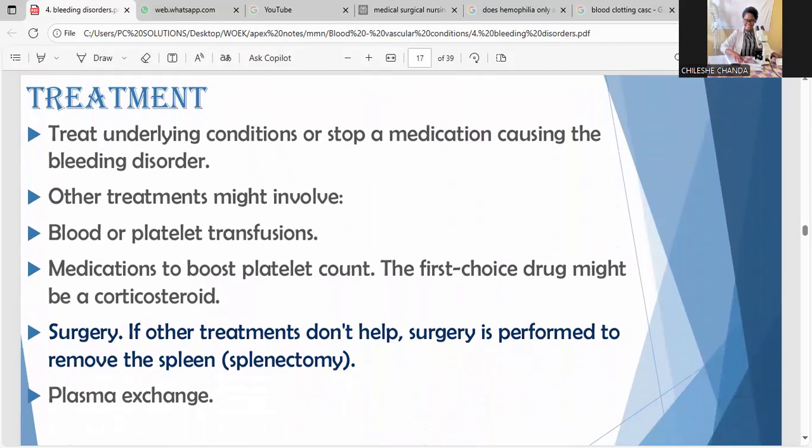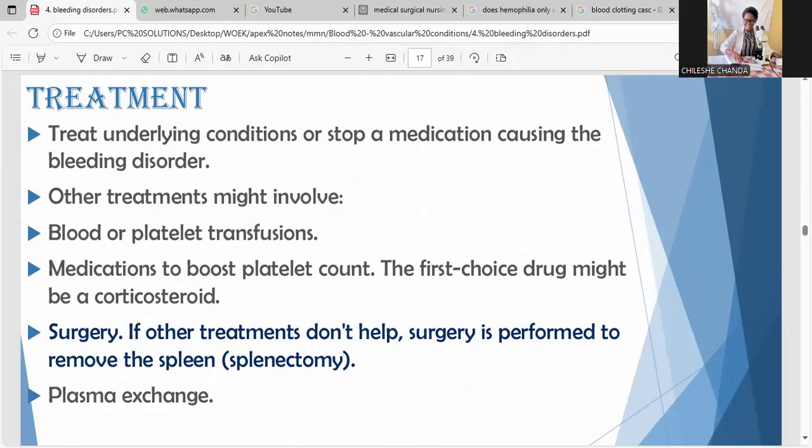To treat a patient with a bleeding disorder, you have to recognize if there is an underlying condition causing this bleeding disorder, or if there is any drug that they may be taking that may result in them having a bleeding disorder.